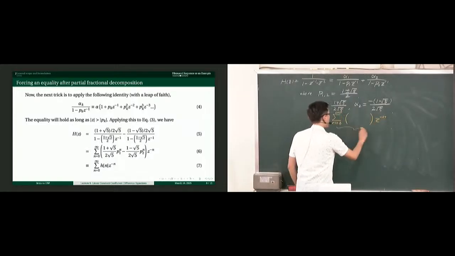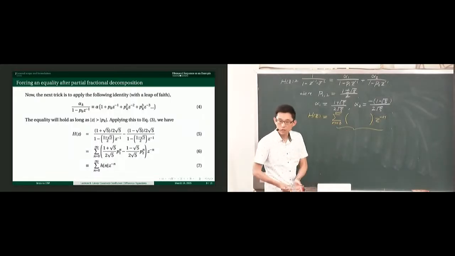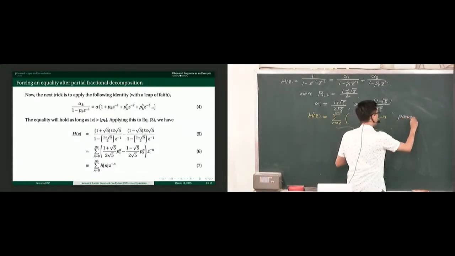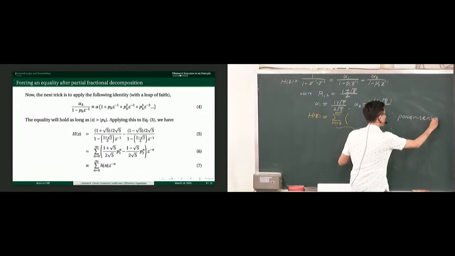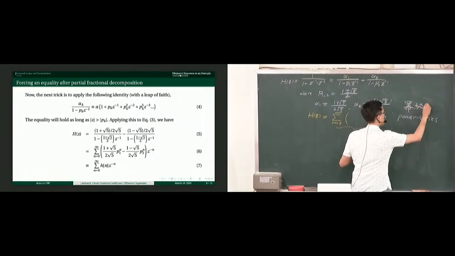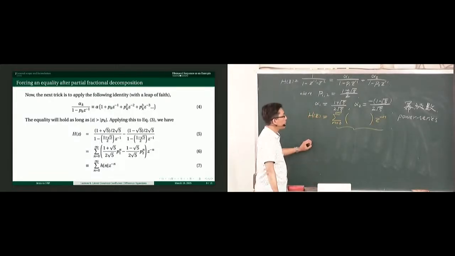In general, any function with this expression is called a power series, or in Chinese, 幂级数. This is the power series expression of h of z with a big thing inside right here.